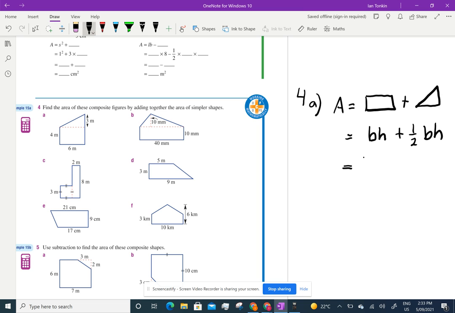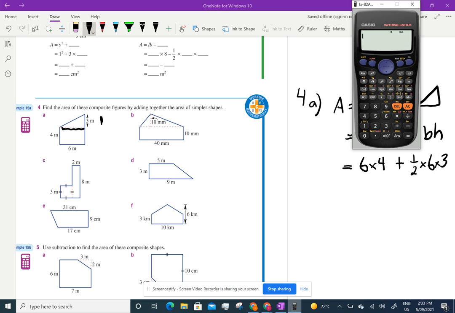The base of the rectangle is 6. The height of the rectangle is 4. The base of the triangle is also 6, and the height of the triangle is 3. So the height of the triangle is here and the base is here, and it's the same.